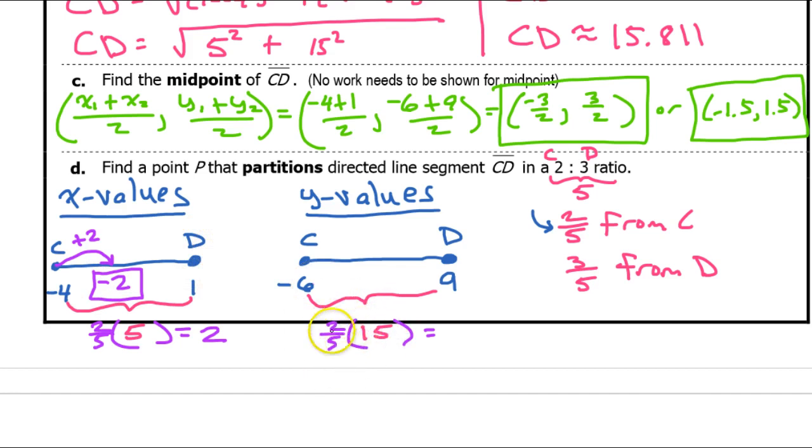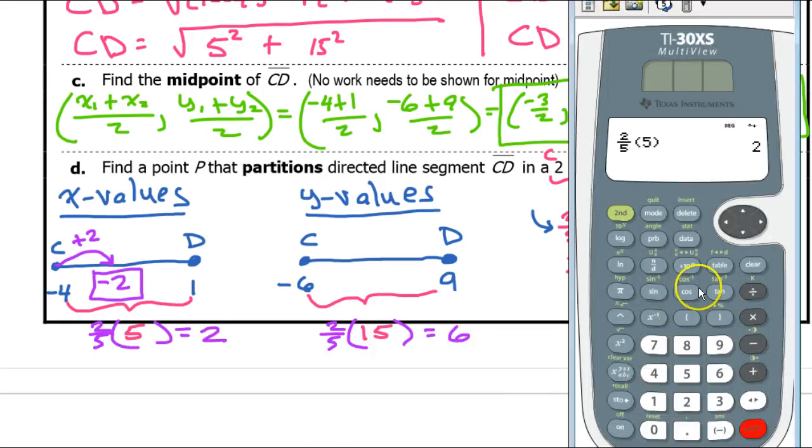Similarly, for the y values, I have to multiply 2/5 times 15. And when I look at this, 5 goes into 15 3 times. 3 times 2 is 6, so I know this is going to be a 6. Now, if that seemed like some kind of voodoo to you, then you're going to have to use a calculator.